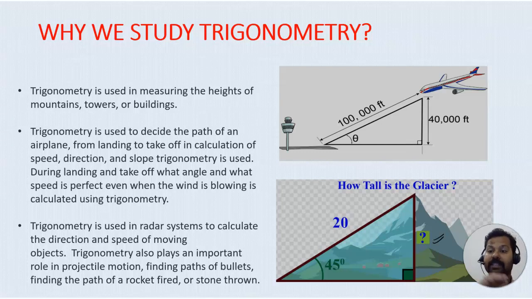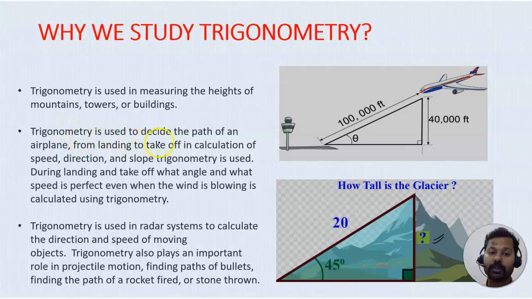No. There is some specific angle at which they need to incline the plane for proper landing and proper takeoff. So how do we know at which angle they should take off and at which angle they should come down? That we can calculate using the knowledge of trigonometry.